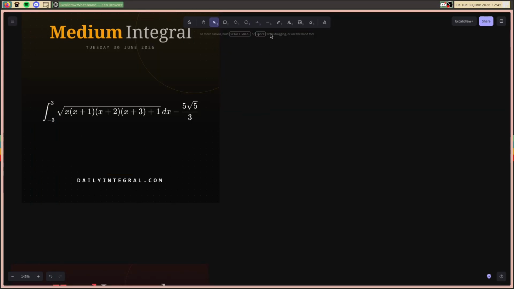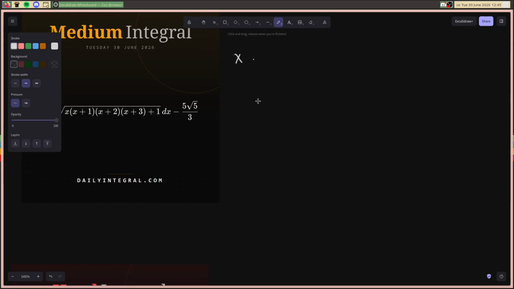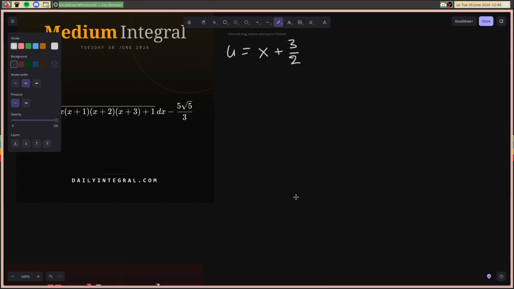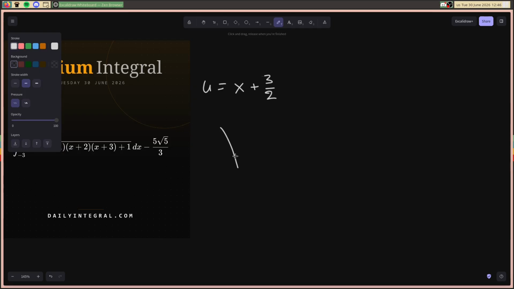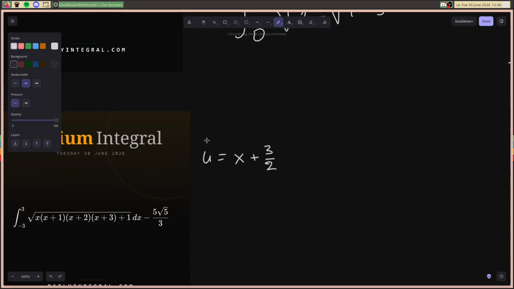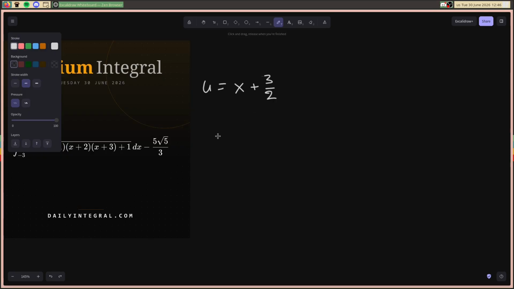like if we let u equal x plus 3 over 2, this will move our integral to the right by 3 over 2 units, which means hopefully there's going to be some sort of symmetry here. So now the bounds of integration go from negative 3 over 2 to 3 plus 3 over 2, which is 9 over 2.